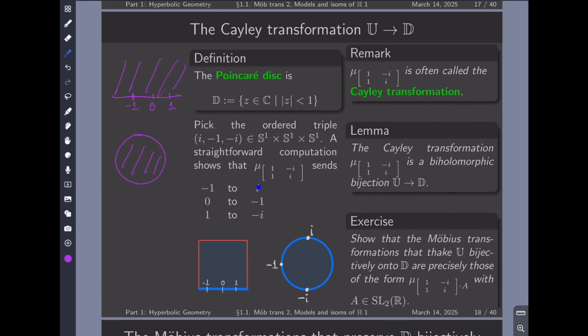Namely, I'm going to pick minus 1, i, minus i. And notice that going this way goes counterclockwise. So I know that whatever the computation gives me, it's going to send all this into all this, because circles go to circles, and because Mobius transformations are continuous.